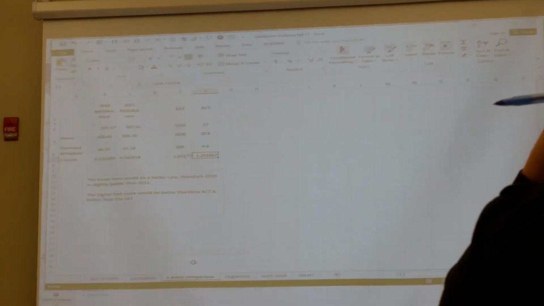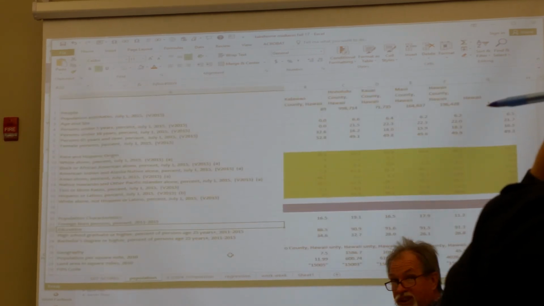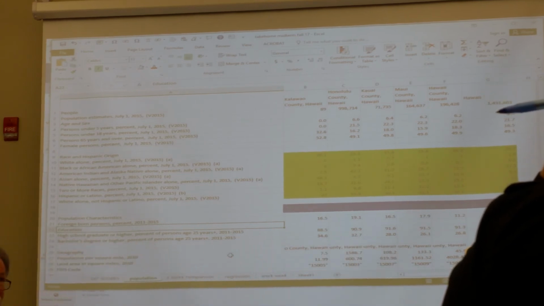Next question. The one that I thought you have to really look at is kind of tricky. Most people miss it, because if we do a pie chart, what should our numbers add up to? 100%.